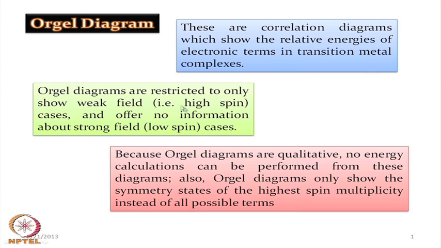Since we are talking about the high spin cases, we will have the high spin multiplicity. So, the different symmetry states of the high spin multiplicity system for a particular electronic configuration, and how we can go for the corresponding splitting and the transitions. Suppose we have a simple p2 electronic configuration.